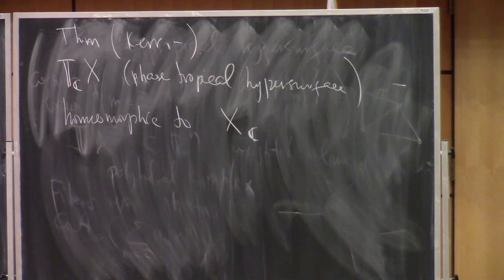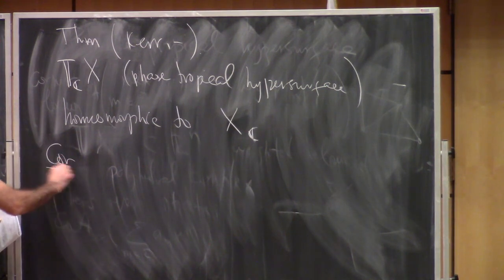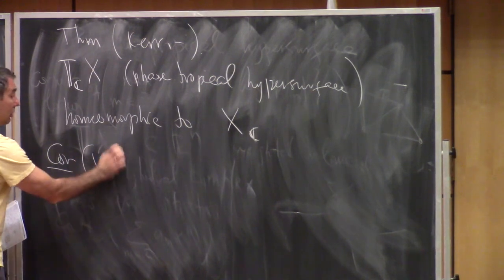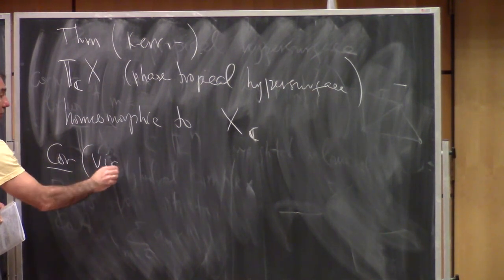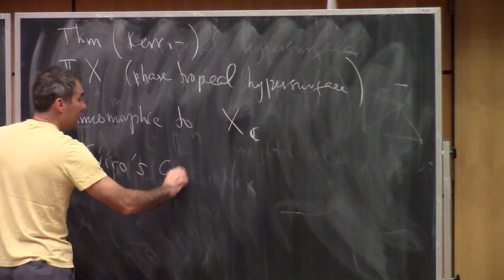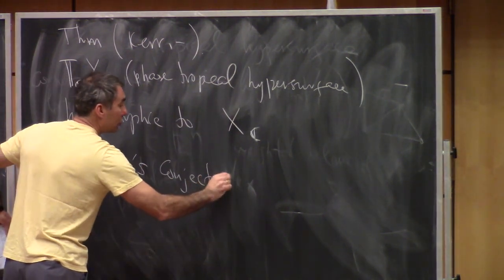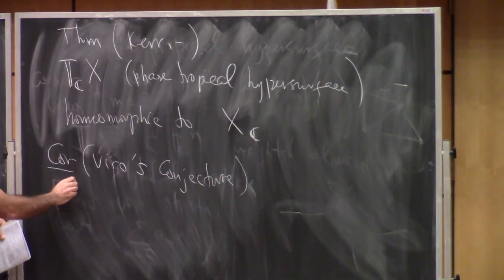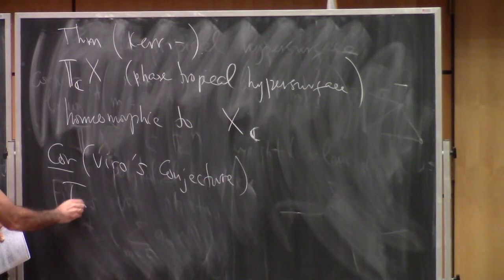So, Vero actually made it, so there is a corollary to this. Vero wants to claim it's his conjecture, so okay. The conjecture is that this phase tropical thing is a topological manifold.